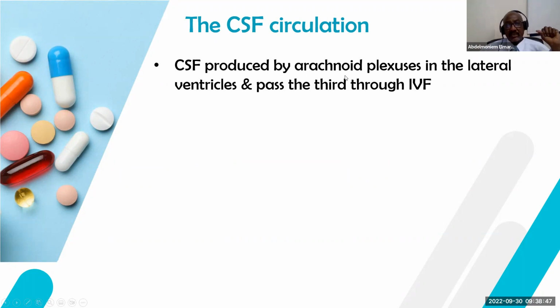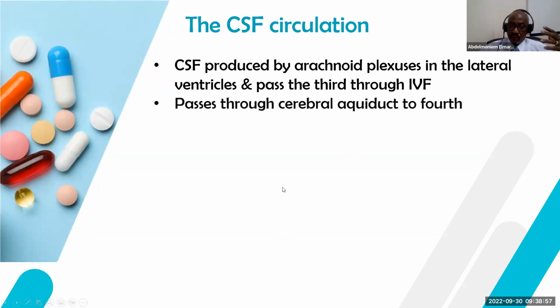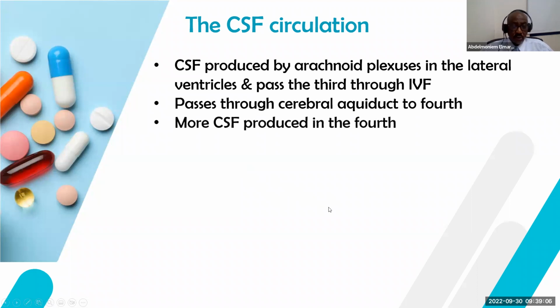So it is produced by the choroid plexuses in the lateral ventricles, passing through the interventricular foramen to the third. More is produced in the third. Then the CSF passes through the cerebral aqueduct to the fourth. More is produced in the fourth.